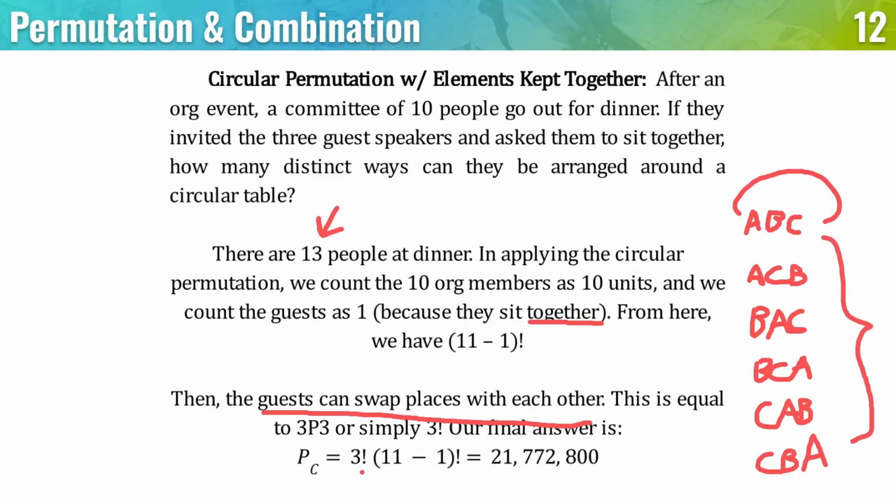That's why we have 3 factorial without the denominator, just 3 factorial. And then the 11 minus 1, this is our circular permutation. So our final answer will be 21,772,800.